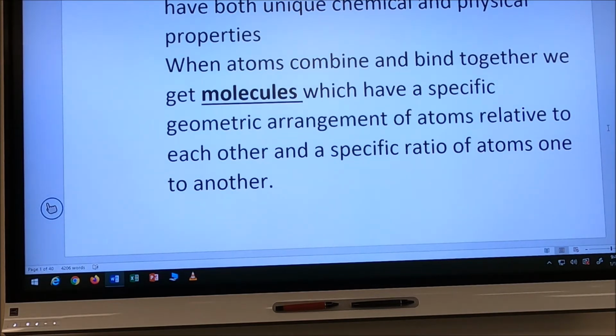Atoms, we'll hit on this more heavily, believe me, but at first glance, atoms are the smallest pieces of matter to have both unique chemical and physical properties. Molecules are a combination of two or more atoms in a specific geometric arrangement relative to each other and with a specific ratio of one atom to another.